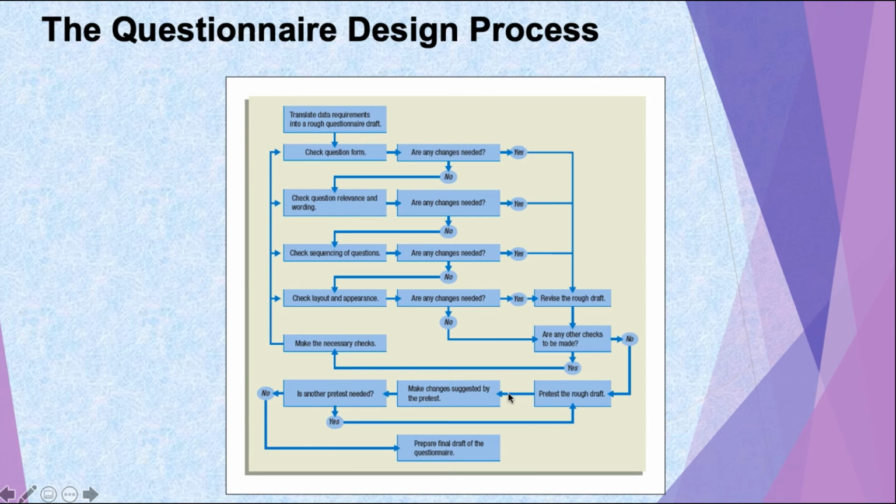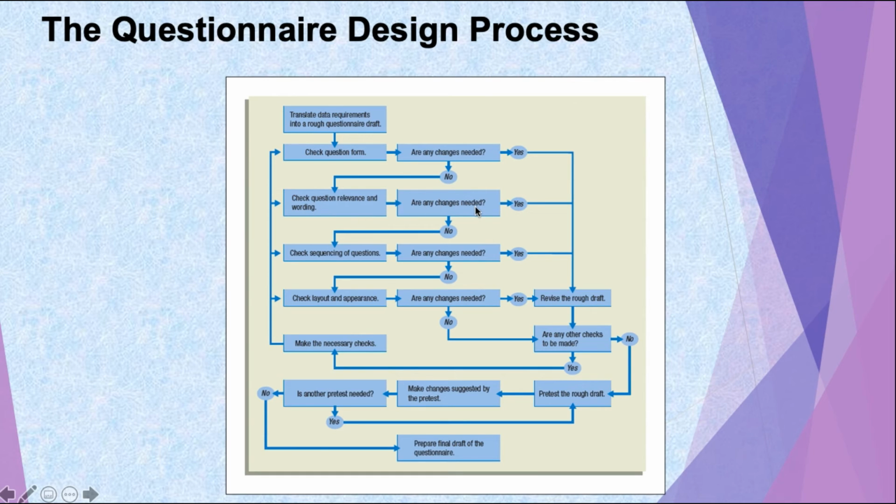Then make the changes supported by the pre-test, and then you ask again: is another pre-test needed? If yes, go back and do another pre-test and follow on. If no, prepare the final draft of the questionnaire. But here, if it is no, as I say, you go strictly to check the question relevance and wording.